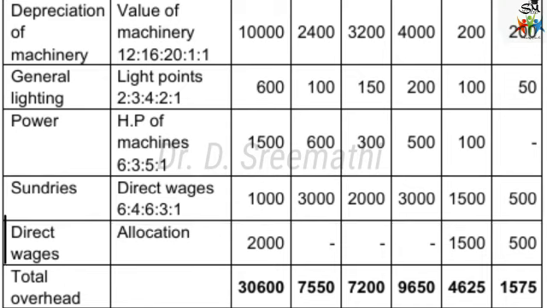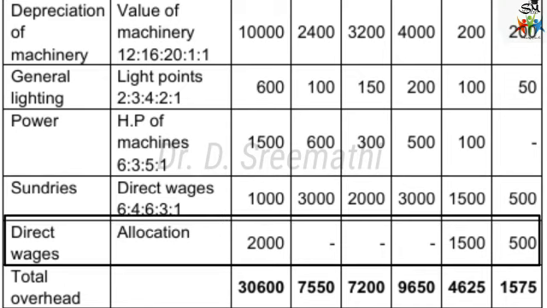And the next one is direct wages. This direct wages is not given in the problem, but we have to take it from the service departments which we have apportioned. In the service departments, how much is the direct wages? It is about 2,000: department D 1,500 and department E 500.